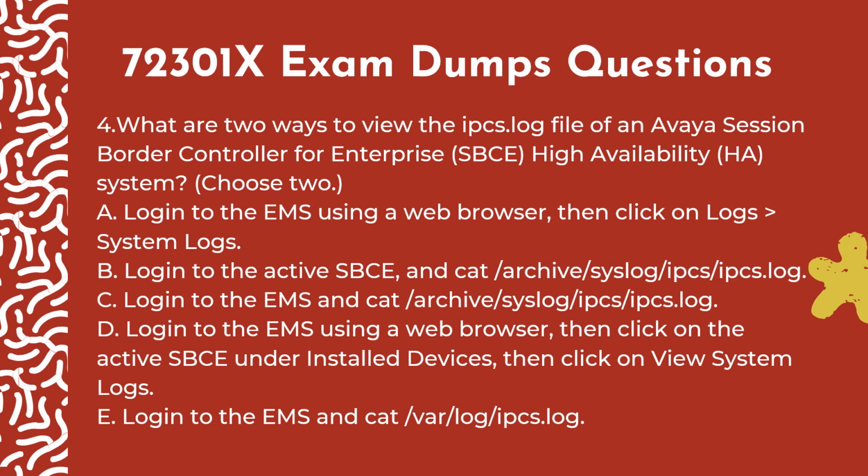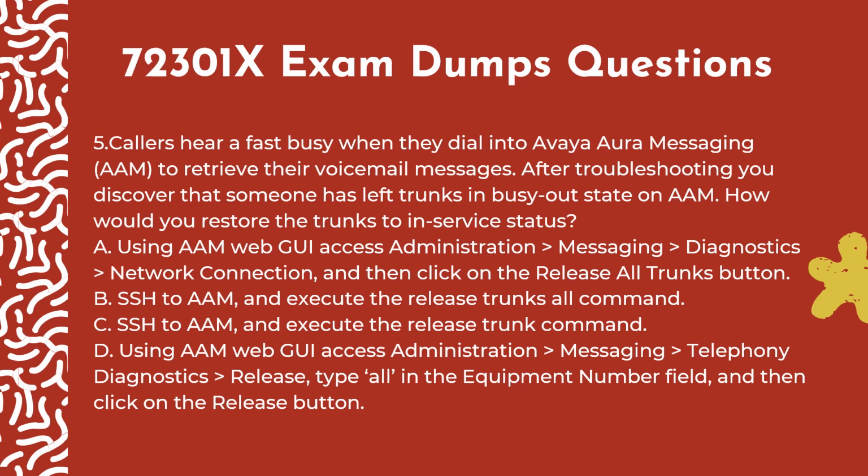D. Log in to the EMS using a web browser, then click on the active SBCE under Installed Devices, then click on View System Logs. E. Log in to the EMS and cat /var/log/ipcs.log.